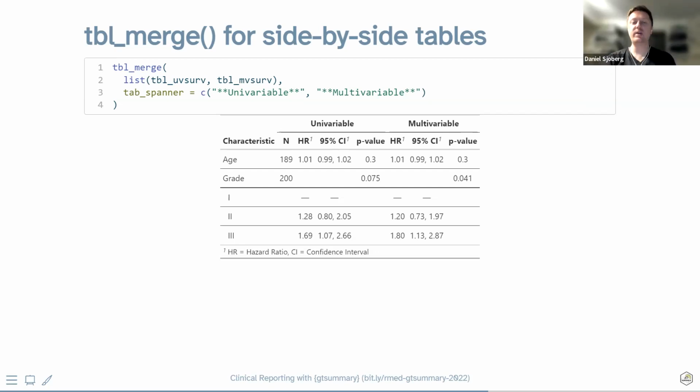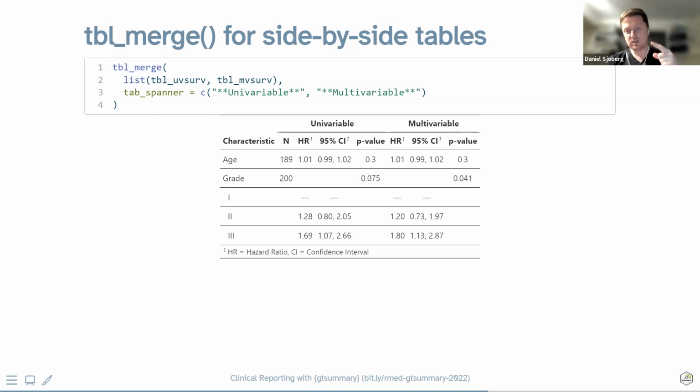Yeah, you absolutely can. So in that case, if your variables appear, for example, in the univariable side of the table, but not in the multivariable side, the multivariable side will just have blank rows where those variables do not appear.